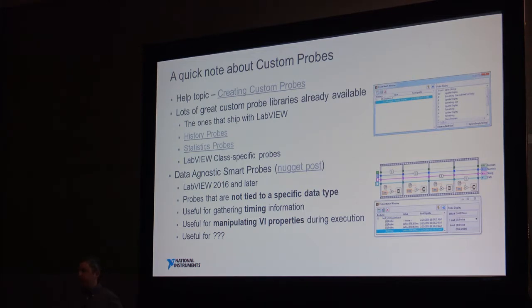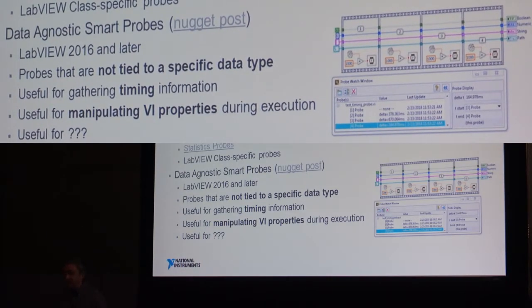So if you make an awesome probe for a double floating point wire, and somebody right-clicks on a single wire, your awesome probe's not going to show up. So you're going to have to make a single probe as well, and then an extended probe, and then a U32 and an I16. Now you've made like 15 probes for that one cool thing you made. Well, we have a probe type called Data Agnostic Smart Probes that you can stick on any wire, and it doesn't care what the data type is.